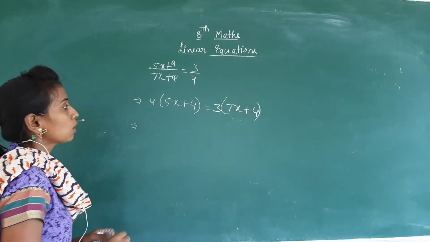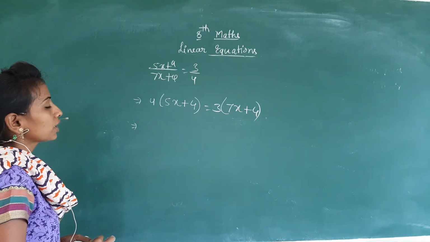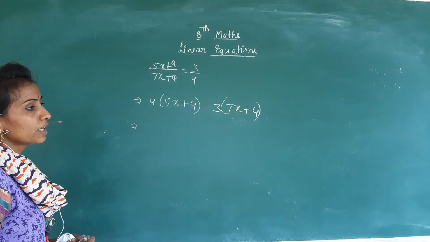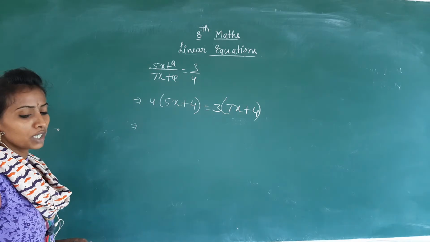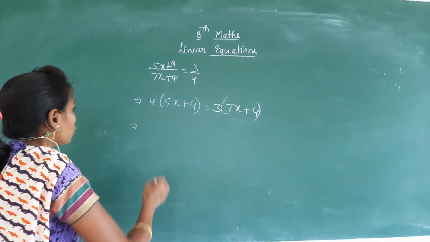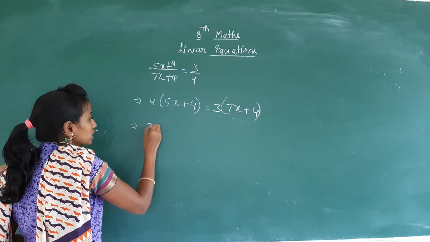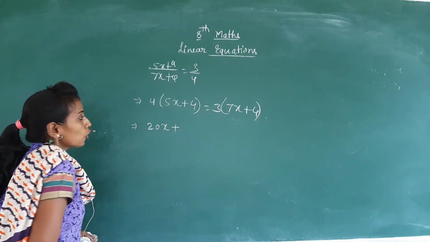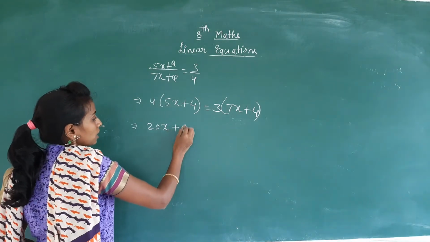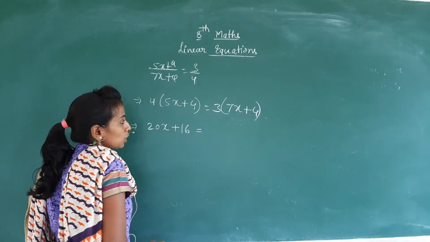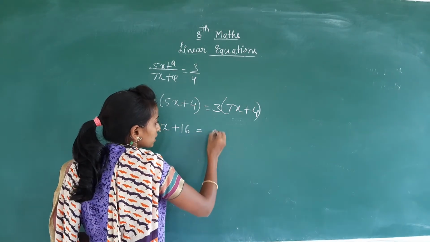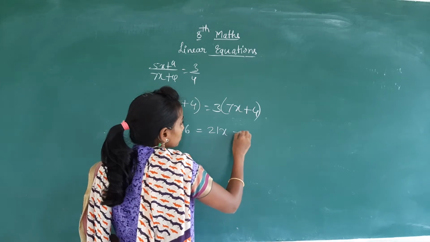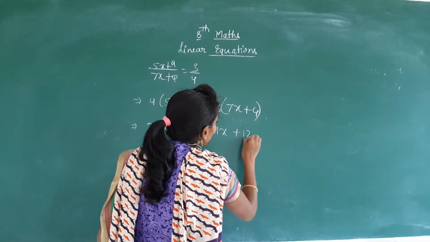Here 4 is outside and in the bracket 5x plus 4 is there. Now we are going to multiply 4 to the bracket. That is 4 into 5x is 20x plus 4 4s are 16 is equal to 3 into 7x, that is 21x plus 3 4s are 12.